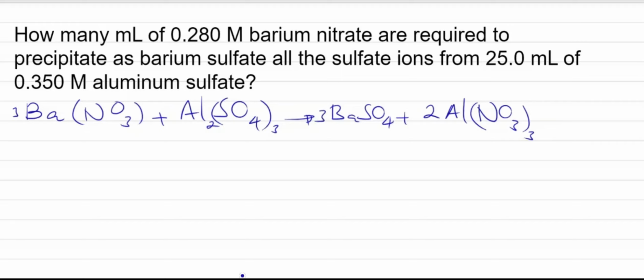Make sure you balance the equation, and put a question mark on the one that was asked.